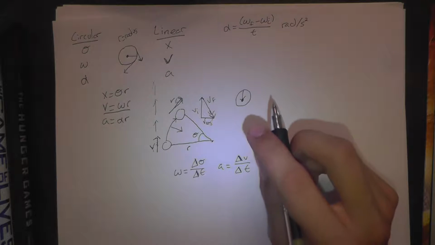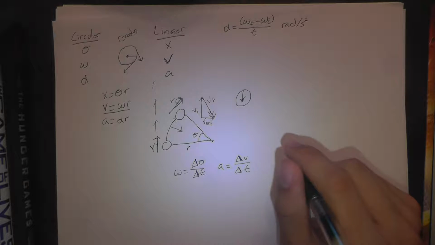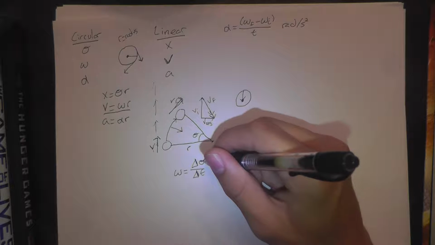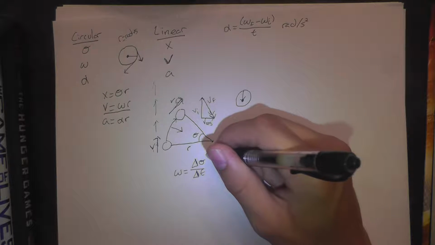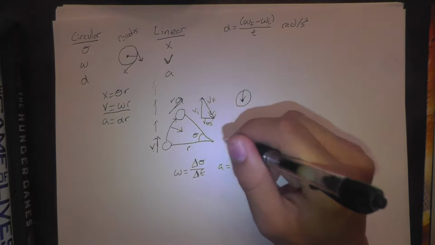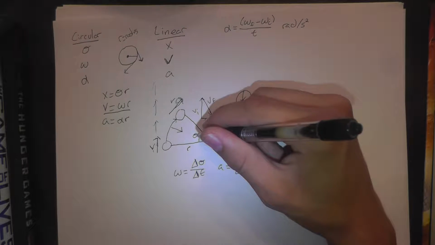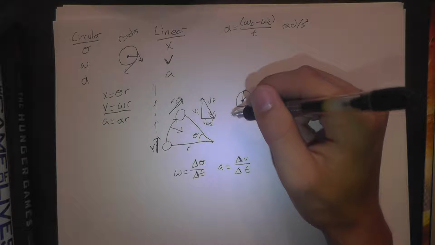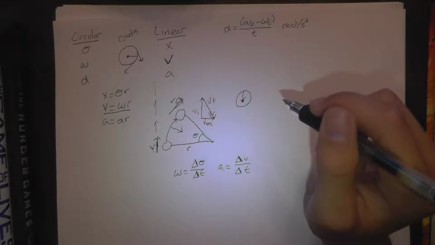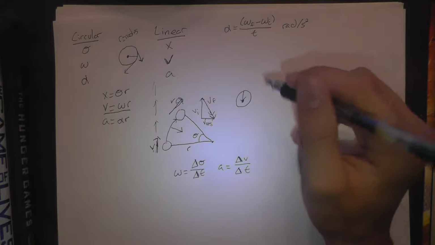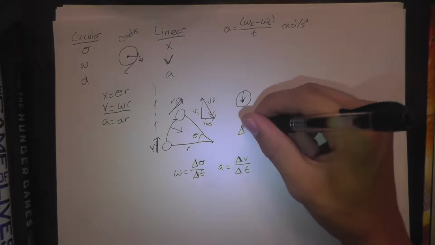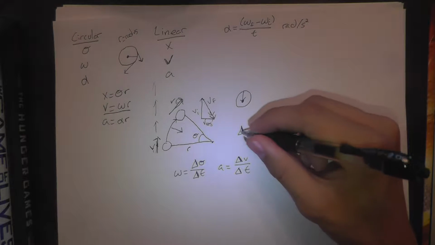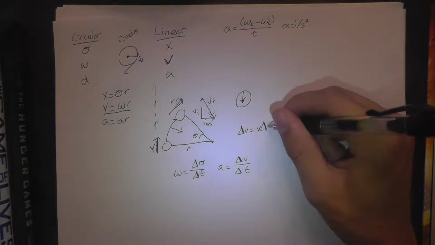And therefore, if we multiply that angular displacement, using this triangle that we've made here, by the initial velocity, you can end up getting your change in velocity. Change in velocity equals the initial velocity times the change in your angular displacement.